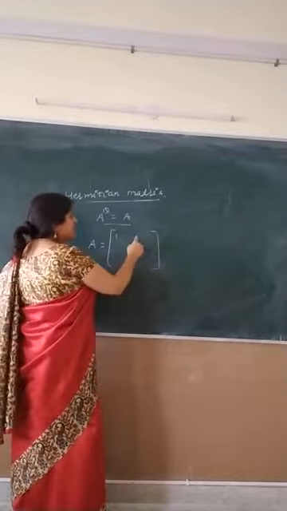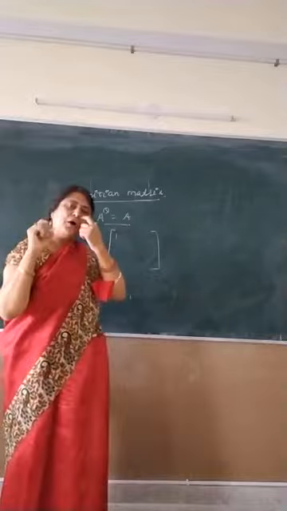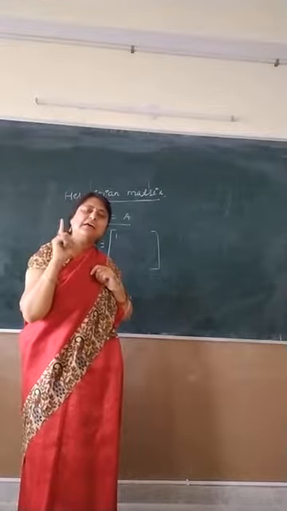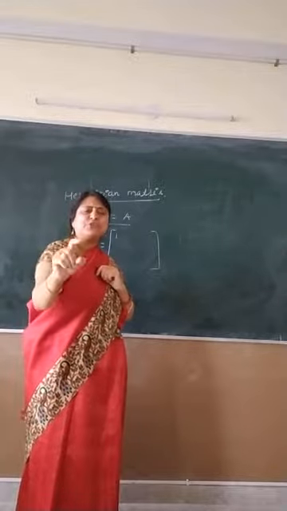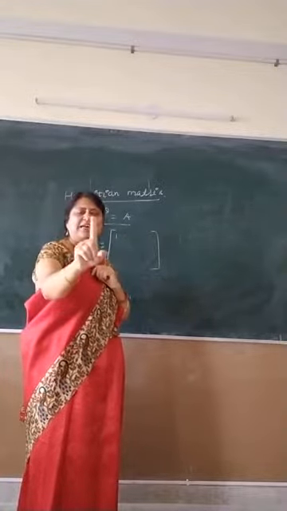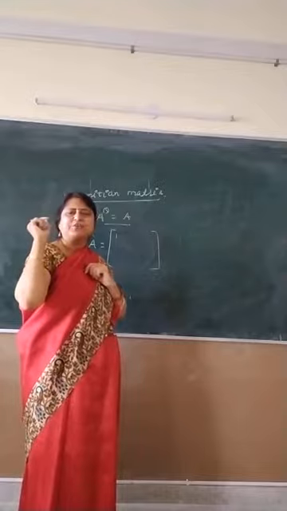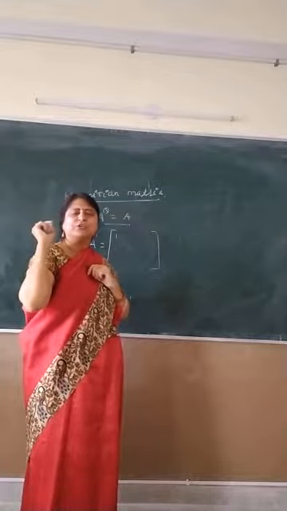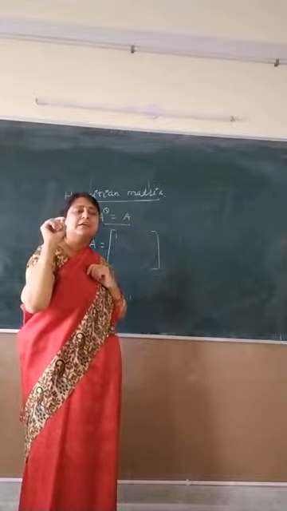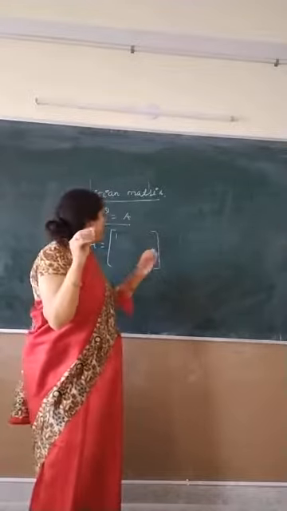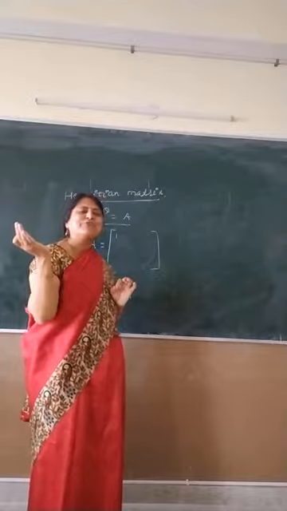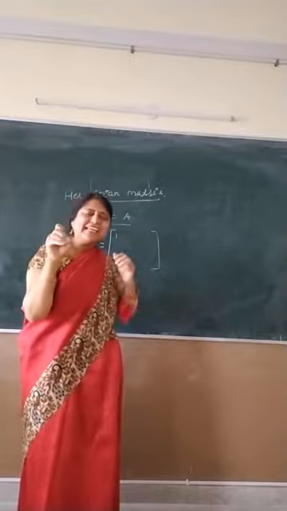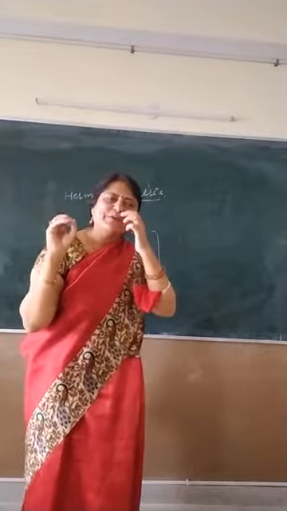And the element which is lying in first row and second column should be equal to the conjugate of the element lying in second row first column.